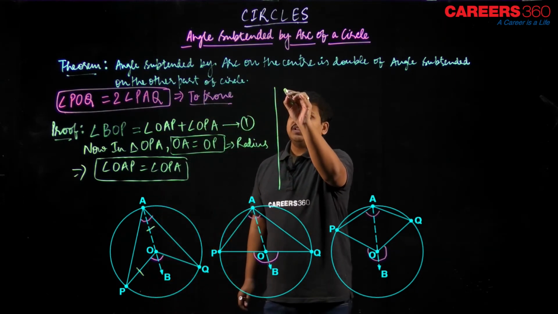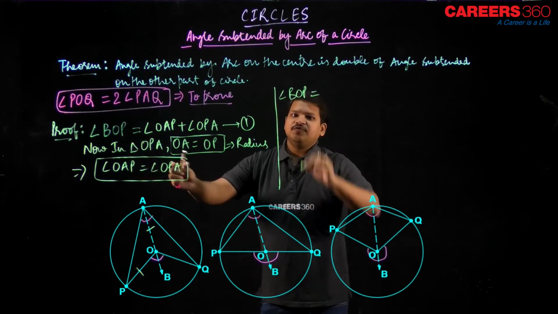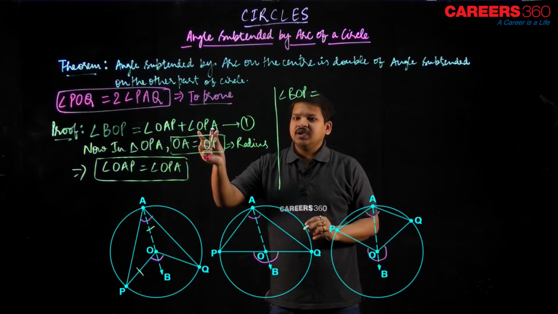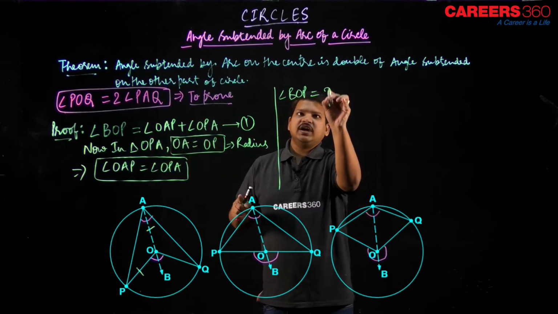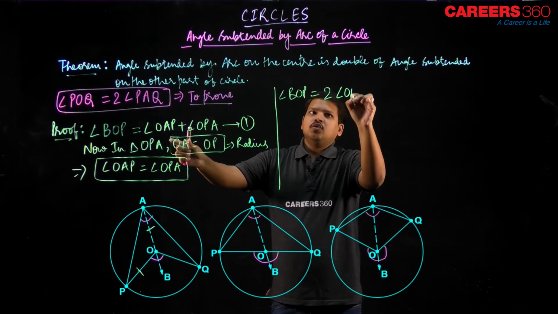Equation 1 can be written as: angle BOP equals OAP plus OPA. Since OAP equals OPA, I can write it as twice of angle OPA.